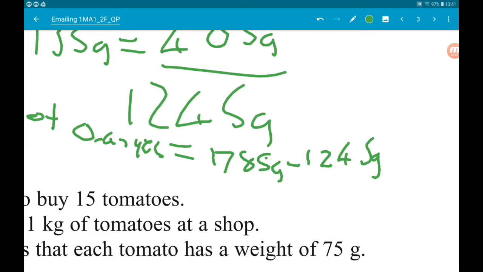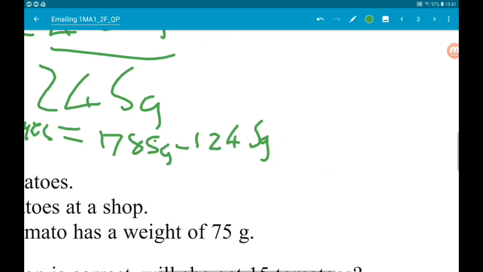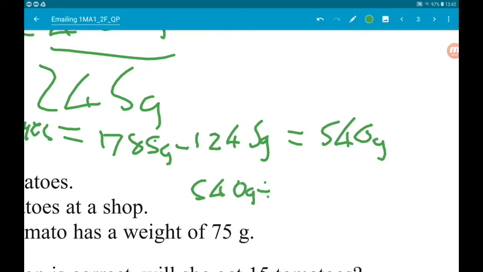That's going to give us 540 grams. Now we know each orange is 90 grams, so we need to know how many lots of 90 are in that. So 540 divided by 90 grams gives us 6.